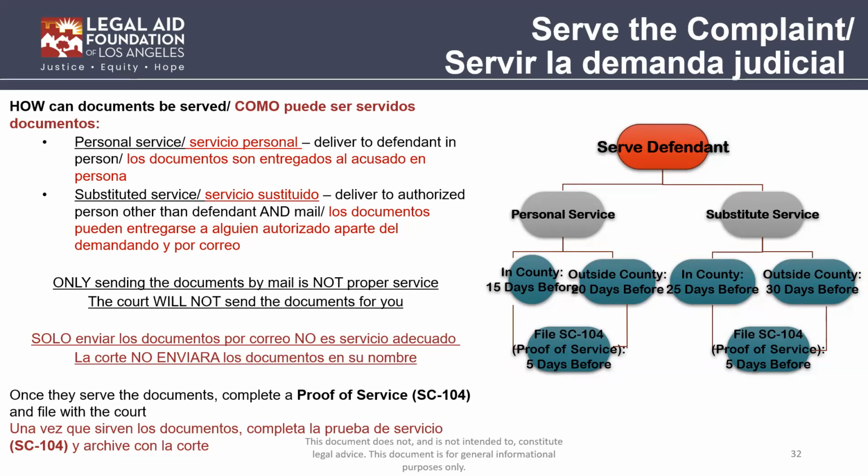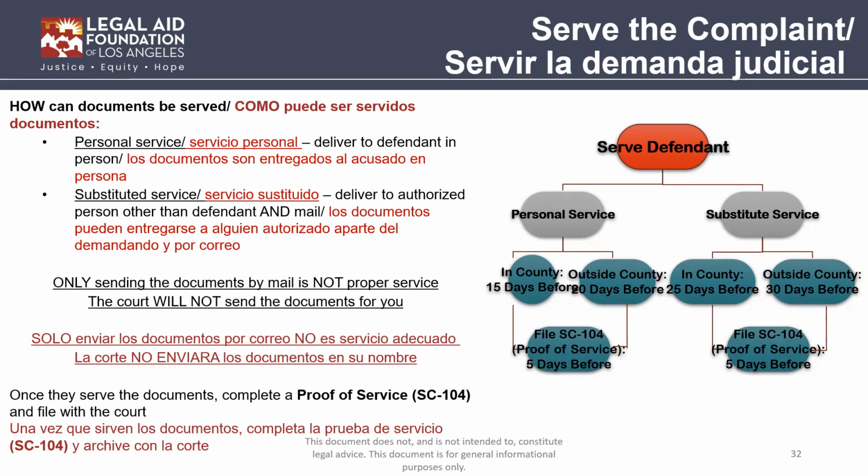The other acceptable type of service is substituted service. Substituted service is when the documents are delivered to an authorized person other than the defendant, and you also send a copy of the documents to the defendant via the mail. To go back to our example, I think this helps illustrate it more. So again, you're suing your former landlord for your security deposit back.